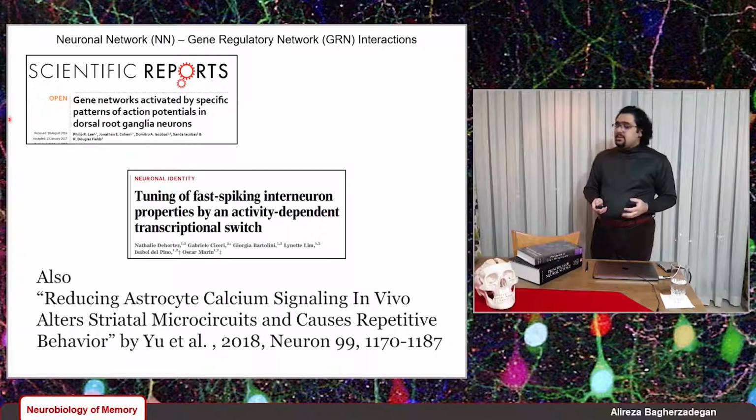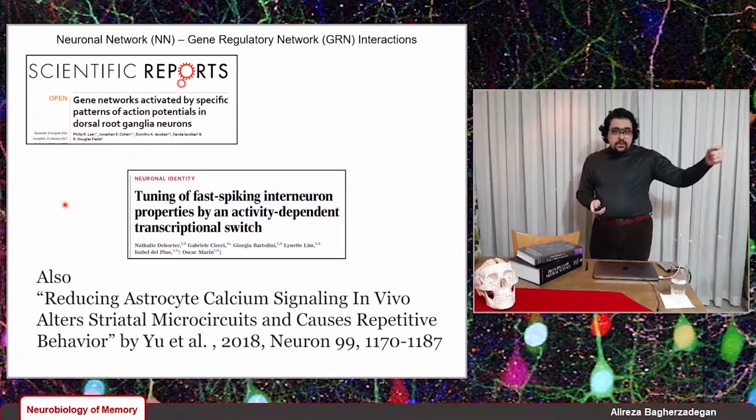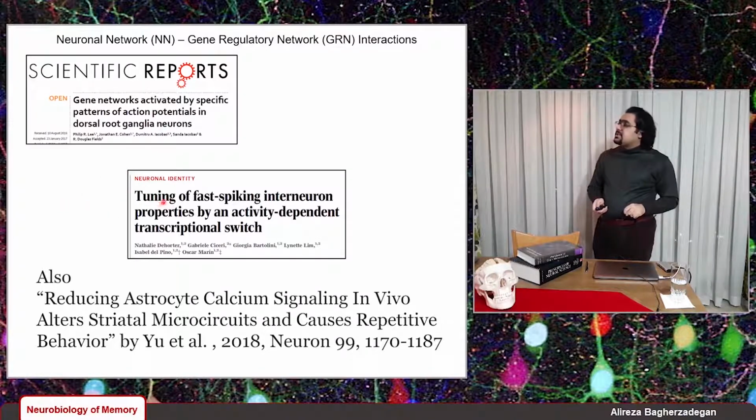And in this work, they did a lot of bioinformatic studies and techniques. And in another paper published in Science, it is an example of how gene regulatory networks affect neural networks. For instance, there is a tuning of fast spiking interneuron properties by an activity-dependent transcriptional switch.